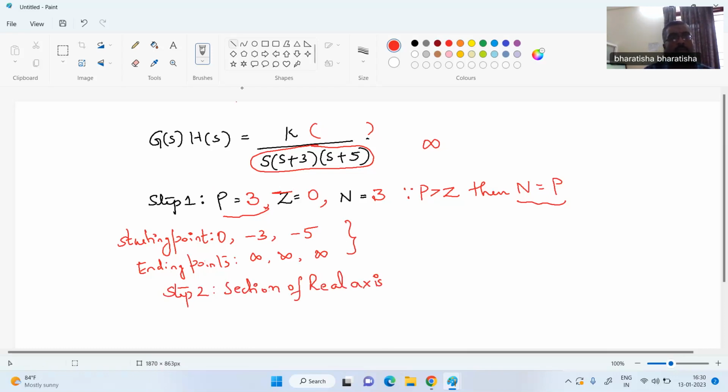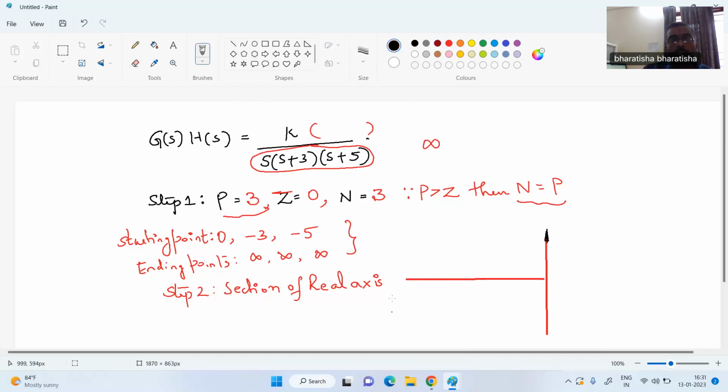You just take the negative real axis, because you have the poles lying in the left half of the s plane. So take the negative real axis and plot the poles.